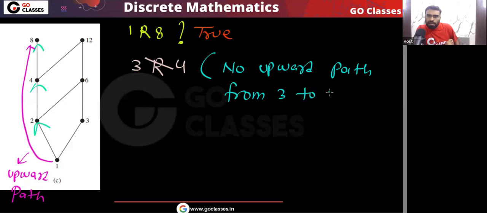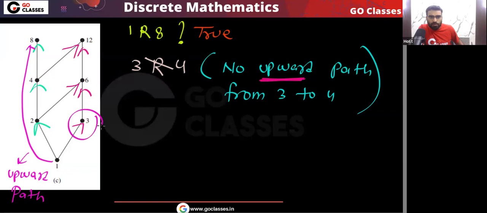We can only go in the upward direction. If I want to go from 3 to 4, I cannot go downwards, because every edge is upward. So I cannot go from 3 to 4 in the upward direction, and 3 is not related to 4.